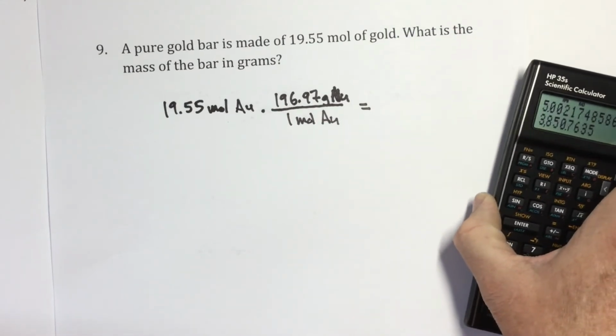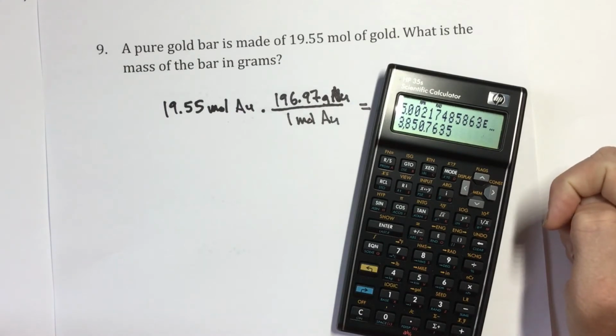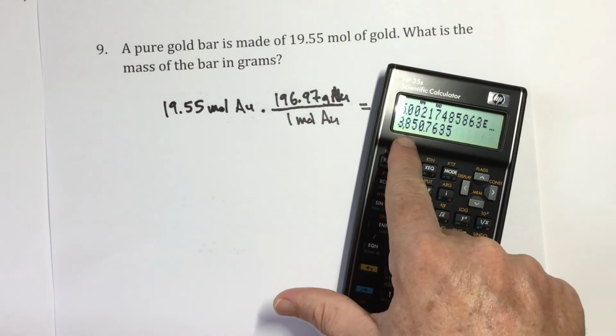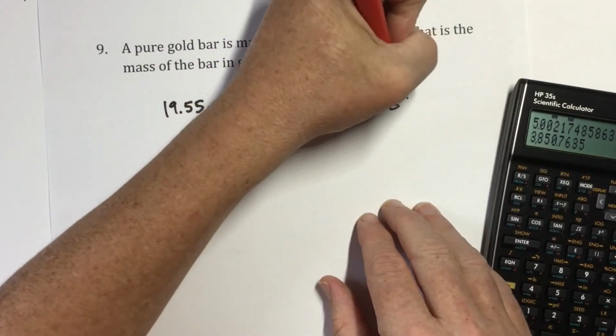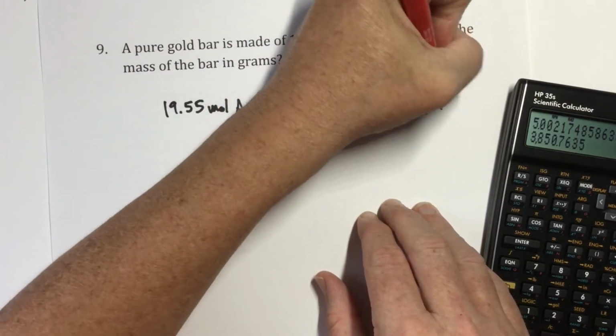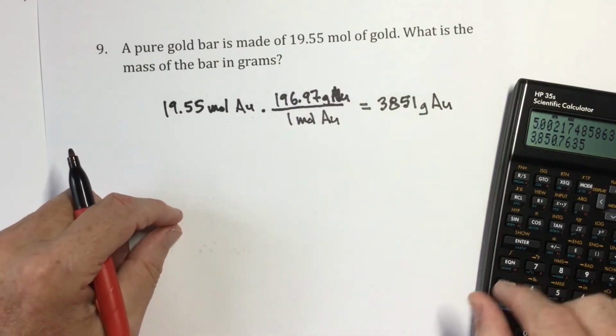So I get 3850.7. I should have 4 sig figs, so my answer will be 3,851 grams of gold. So 19.55 moles of gold is 3,851 grams of gold.